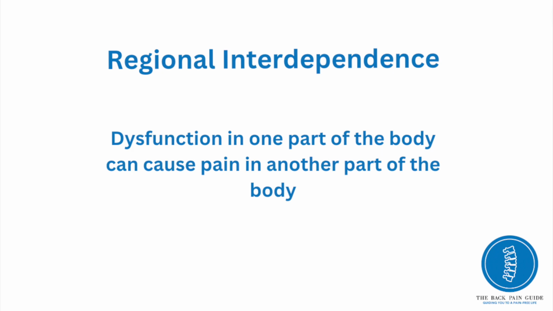To understand the concept of regional interdependence, it can be valuable to think of the human body as a complex web with each part intricately connected to the others. Regional interdependence is the theory that imbalance or dysfunction in one part of the body can cause pain and other problems in seemingly unrelated regions. The idea is akin to pulling on one thread of a spider's web and seeing the effect and reverberations throughout the entire structure.